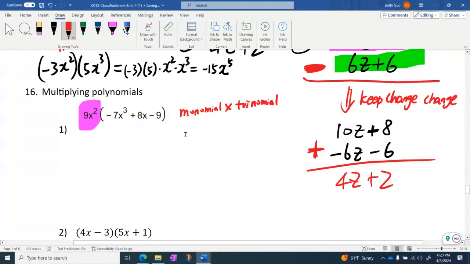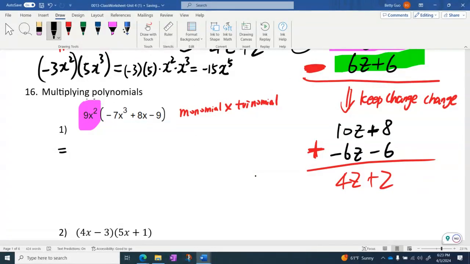Let me say it again. When we multiply a monomial by a polynomial which is not a monomial, we see the monomial as the coefficient, and then apply the distributive property. So in this case, we are going to distribute 9x squared to each member in the parentheses.